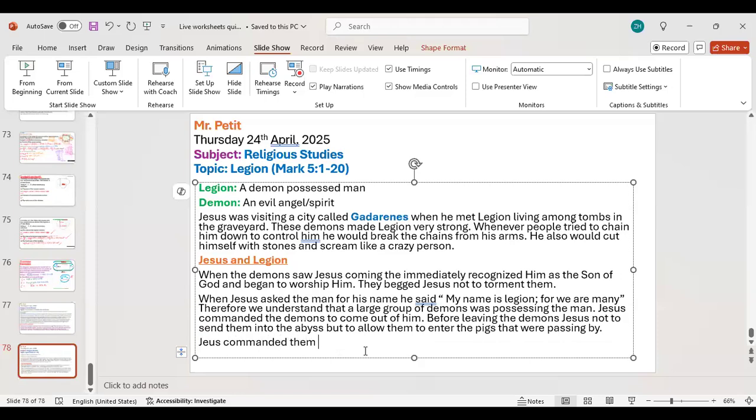Jesus commanded them to leave the man and gave them permission to what? Enter the pigs.